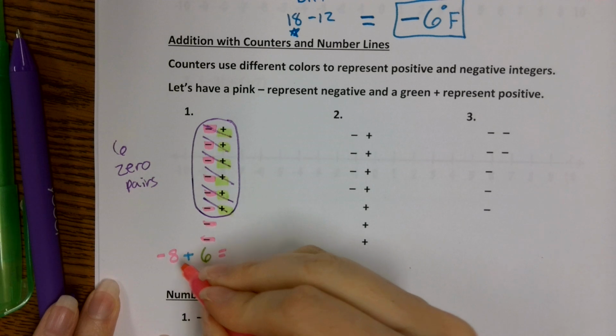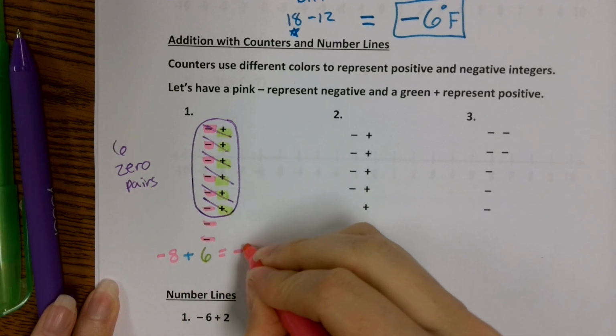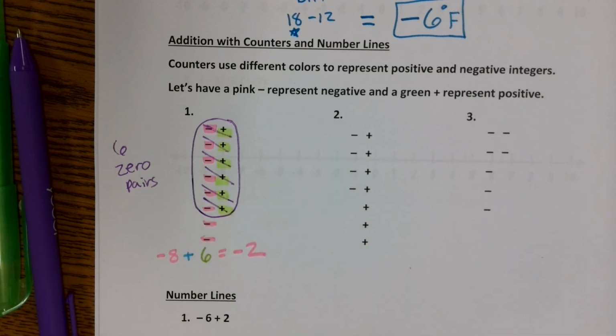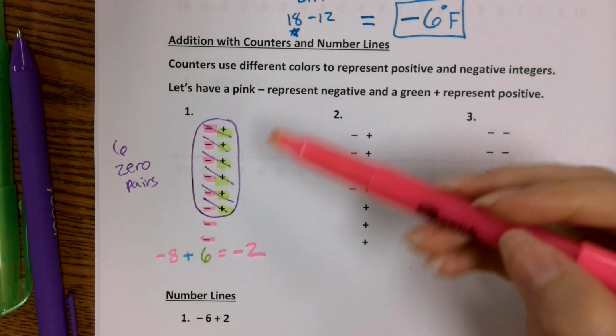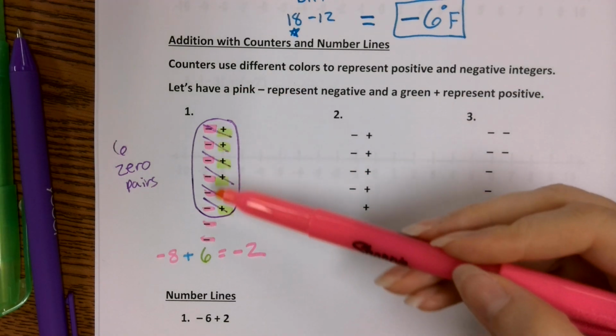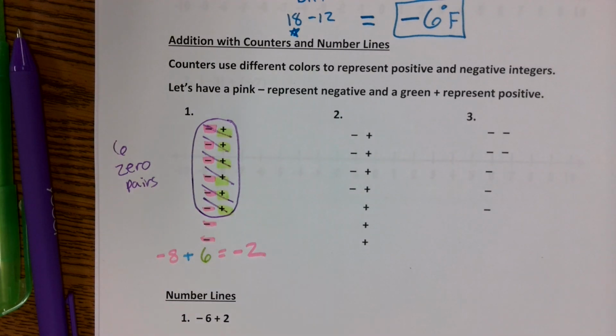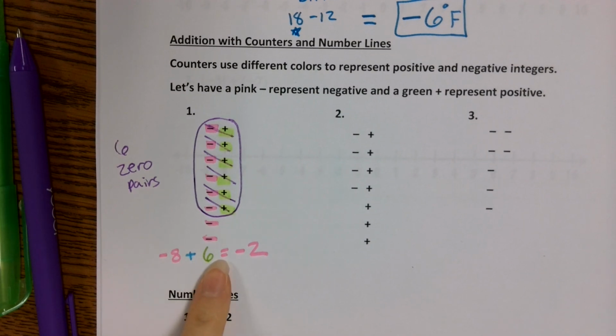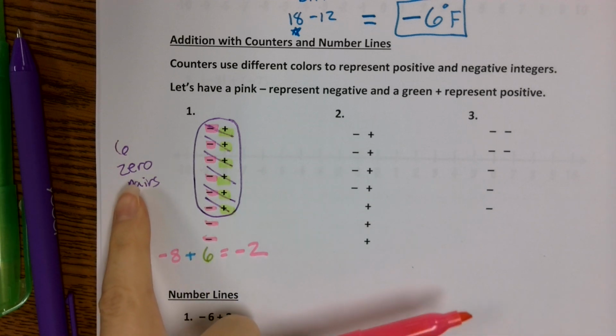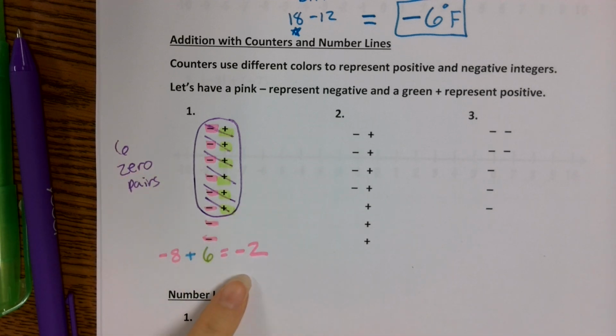If I take -8 and add 6, I'm going to get -2. So what we're doing in these situations, taking these tiles, we're identifying what our key numerical expression is going to look like, -8 plus 6, what our 0 pairs are going to be, how many 0 pairs we have, and then simplifying the expression to its final remaining value, which was the -2.